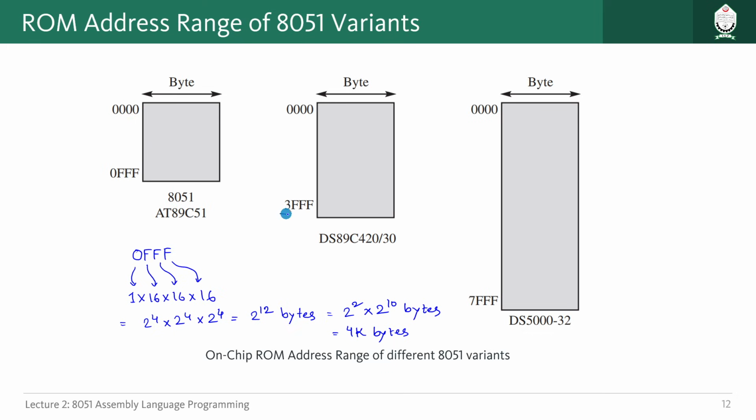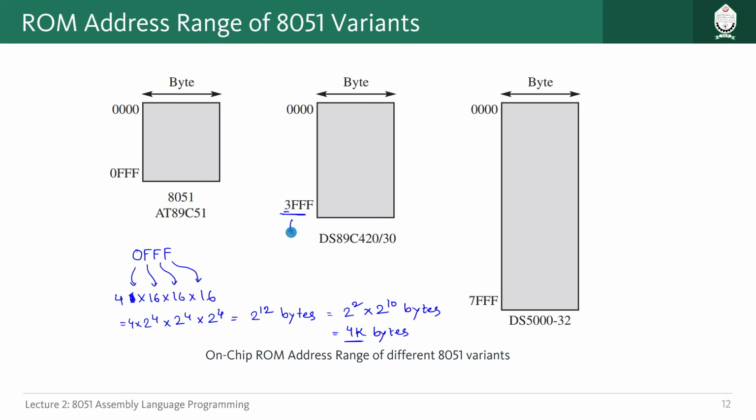Similarly, if you do the same thing for this one, the first value is 3. That means the possible values are 0, 1, 2 and 3, and 3FFF is the last location for this particular ROM. So here where we had written 1, this should be 4, right? And then we multiply by 4 here. Similarly, in all of the cases we multiply by 4, and this will be 16.